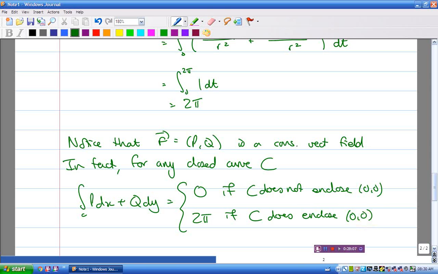Okay. Sorry, yes, question. Is this just for curves where the vector field is not defined at the origin? Or is it for some point within the region?